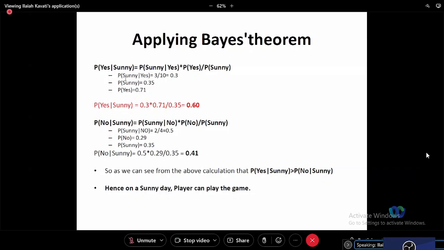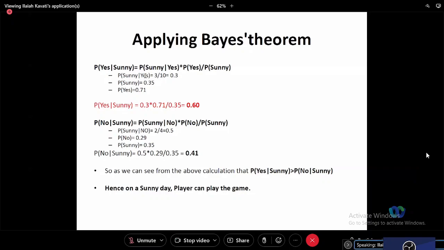So what is the likelihood of this sunny out of, so probability of sunny if yes is true, play was there. So how many sunny days are there, out of total possible play days.